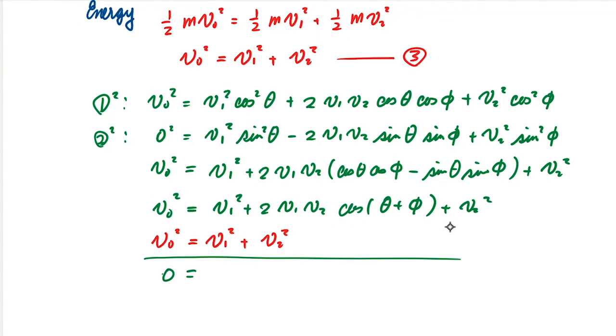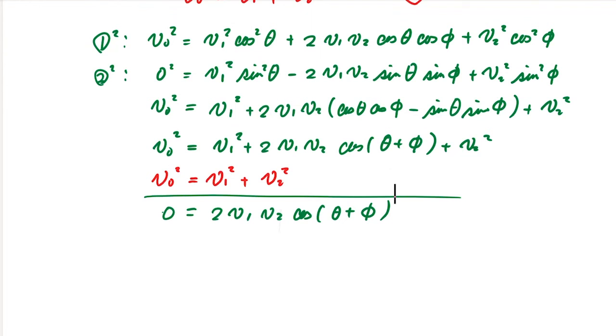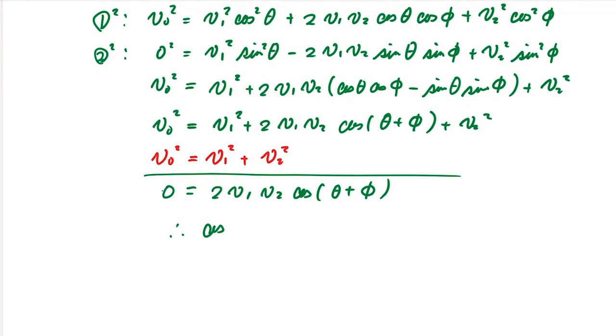This cancels, that cancels, so you have 2 v1 v2 cosine theta plus phi. So far with me? Since v1 and v2 are not zero, this must be 0, right? So that tells you cosine theta plus phi is equal to 0, meaning theta plus phi is equal to pi over 2. Bang! Proof. In elastic collision, they have to split at a 90-degree angle.